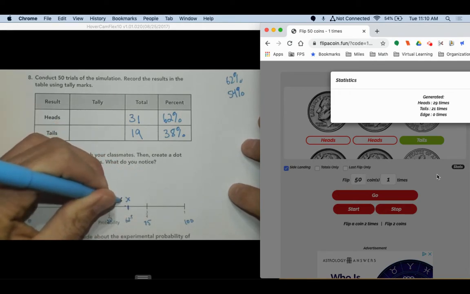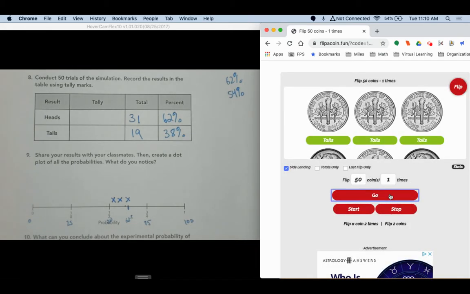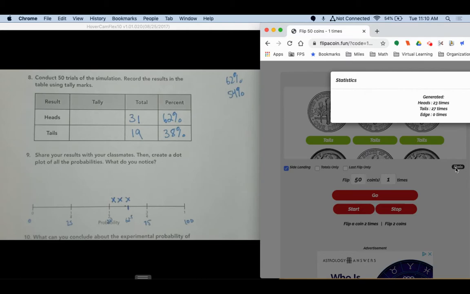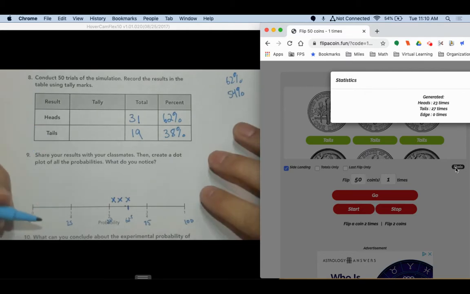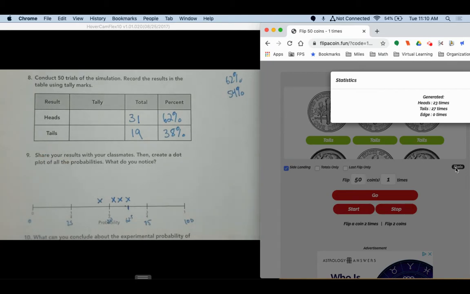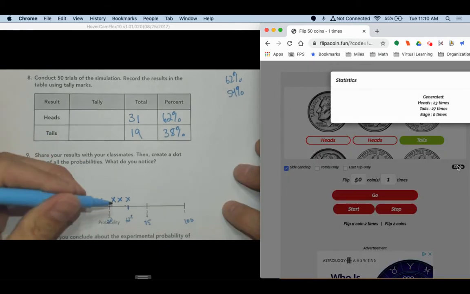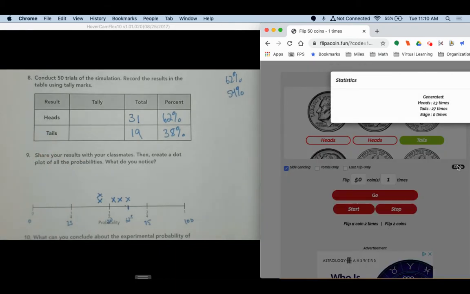So that's going to be right about there. And then 23 is 46. So that's going to be right about there.